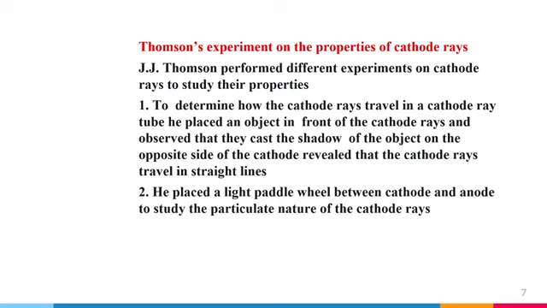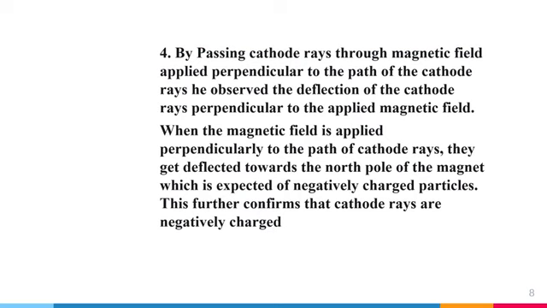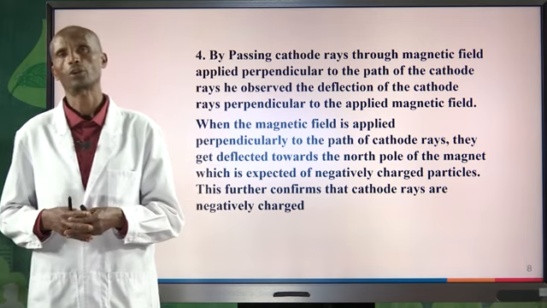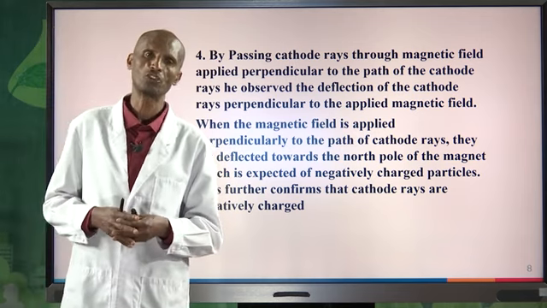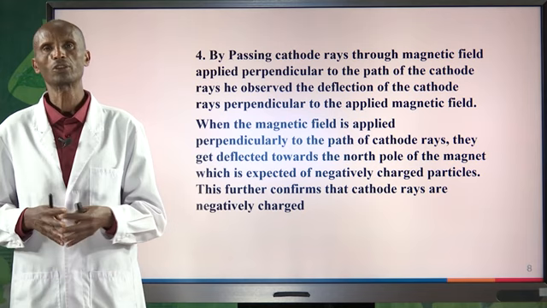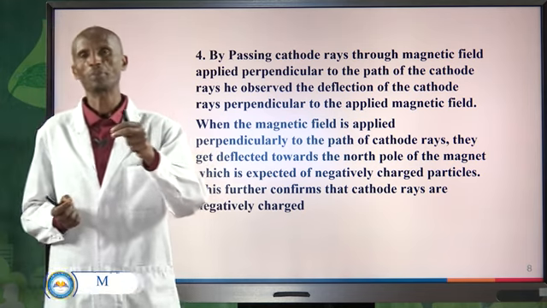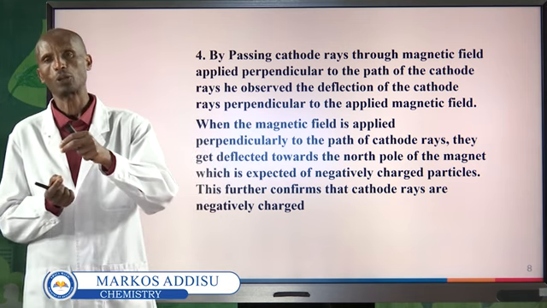The other property that he needed to detect is the magnetic and electrical charge of these cathode rays. First, he needed to determine whether these cathode rays consist of charges or not. So he placed two plates, a positive plate and a negative plate, on either side of the cathode ray.